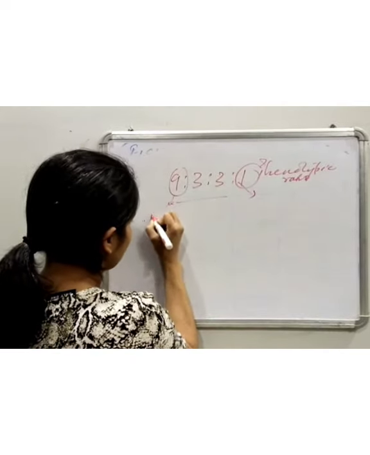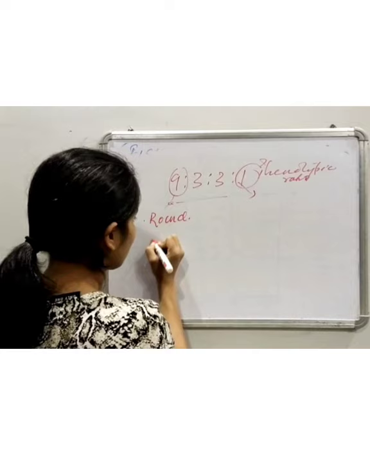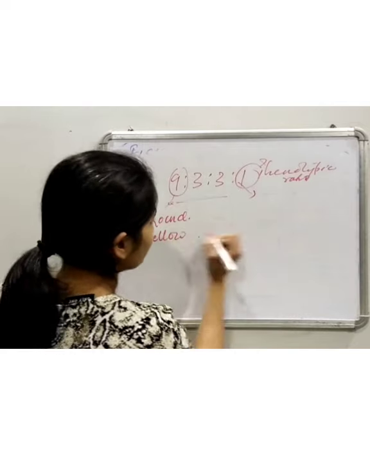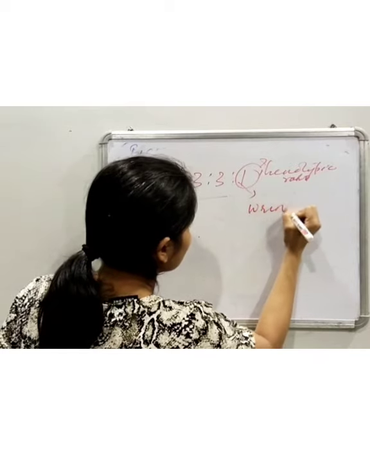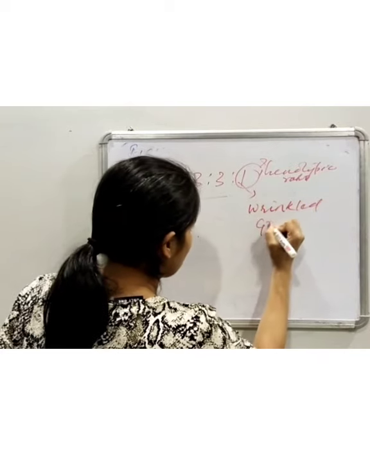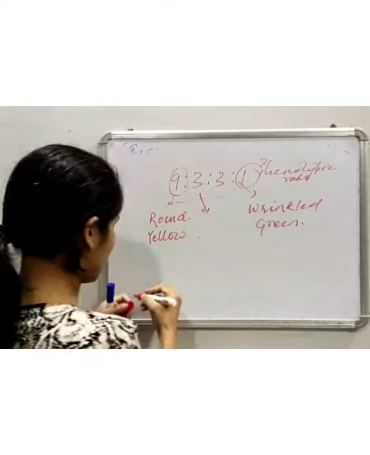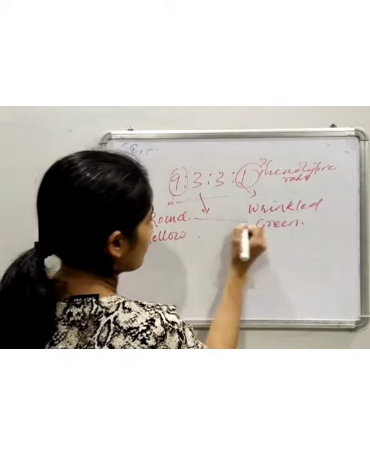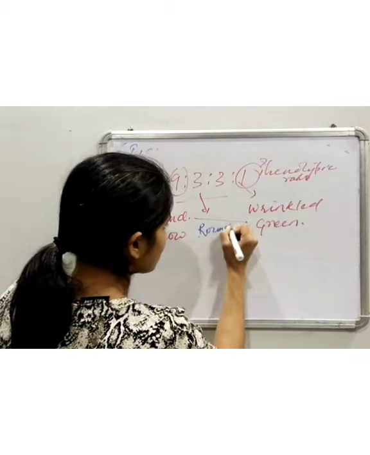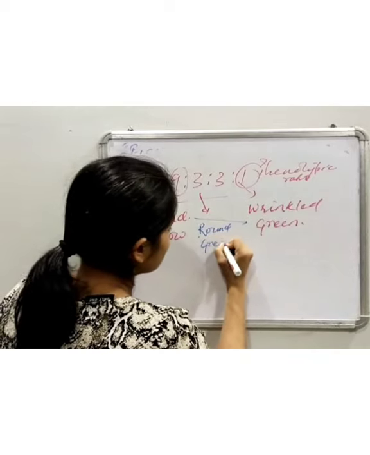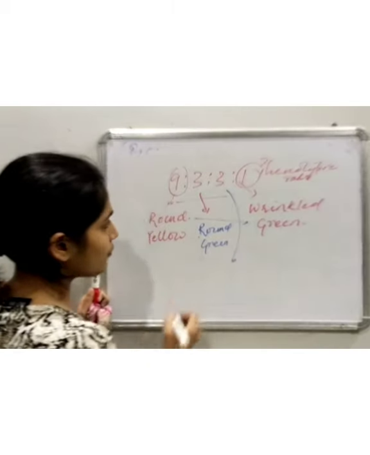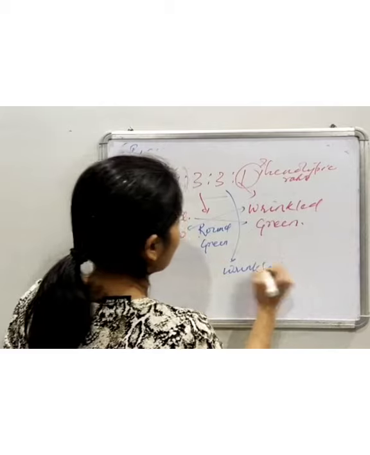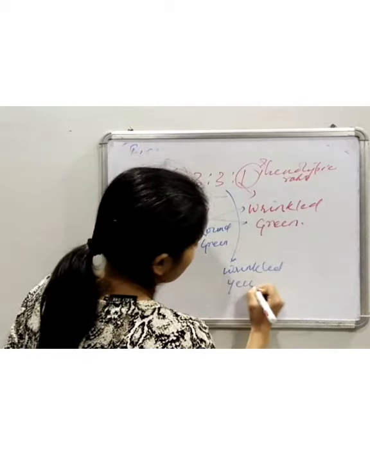So this is round and yellow. This is wrinkled and green, and this one is for the cross. So although the seeds are round, the color is green. And this is for, although the seed shape is wrinkled, the seed color is yellow.